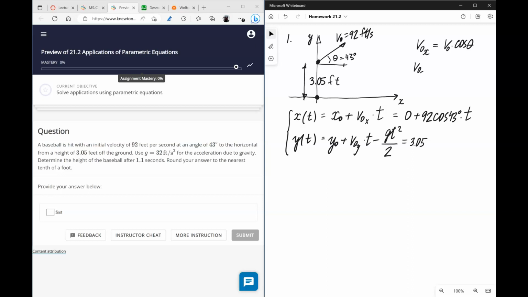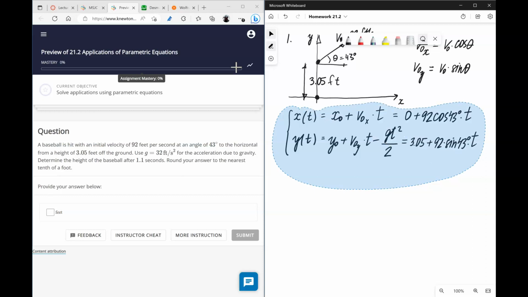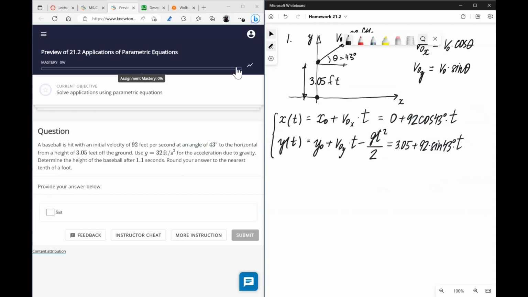The initial velocity with respect to y is going to be 92 times sine of 43 degrees times t, and we're going to subtract the g. I was going to write 9.8, but we're dealing with feet here, so it's going to be negative 32 feet per second squared, so it's negative 32 t squared over 2. This is the parametric equation.